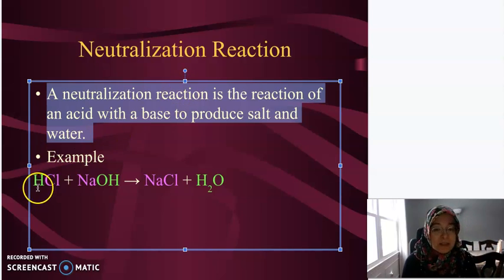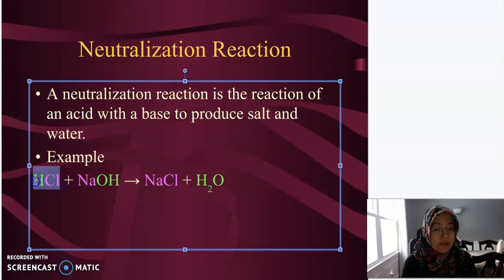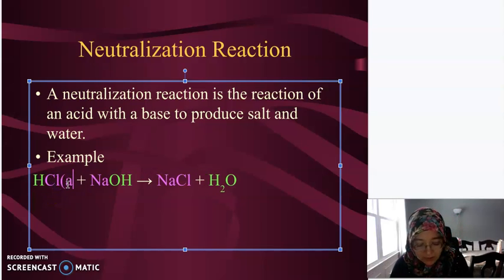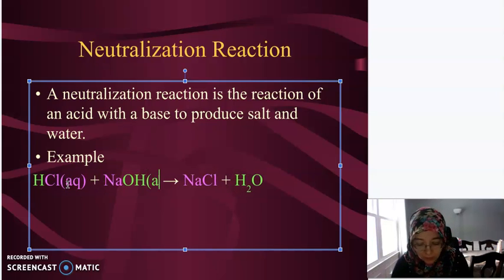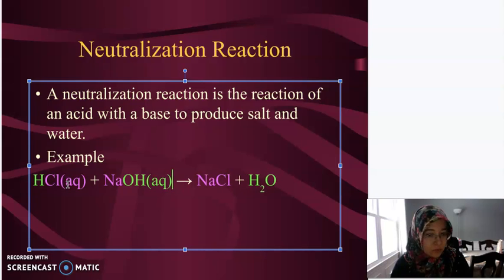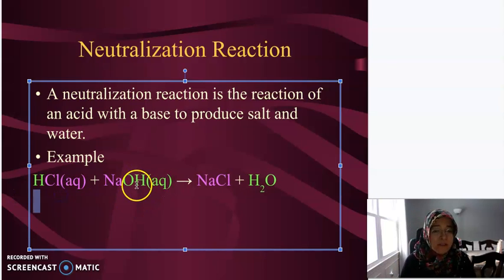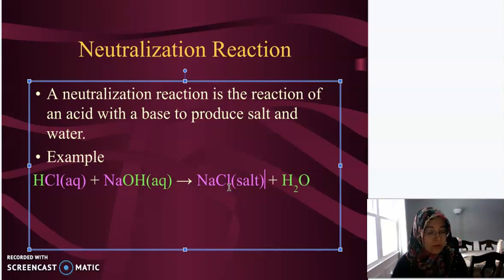Here is an example. This is the acid, hydrochloric acid, with hydrogen and chloride. This is the base, sodium hydroxide. They are in water, so they are aqueous, and you can write AQ next to them. When you combine them, chloride ions and sodium ions make sodium chloride, the table salt we know.